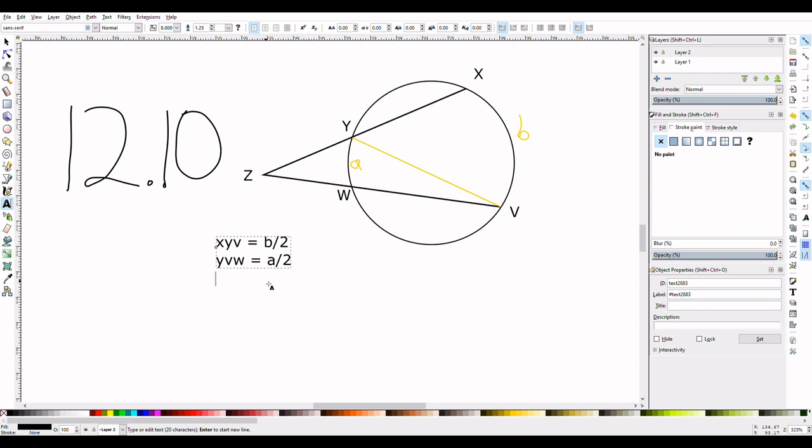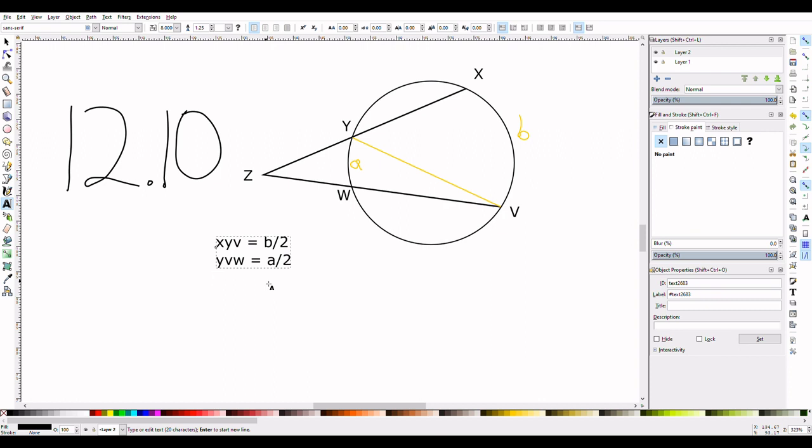And then what is angle Z? Well, by the same law of triangles, that the exterior angle must equal the sum of the interior angles, we know that XYV equals angle Z plus A over 2.